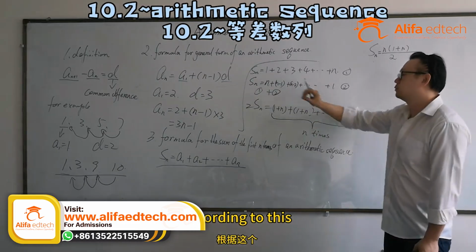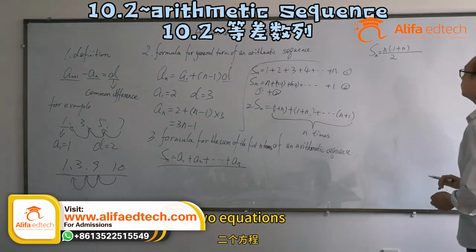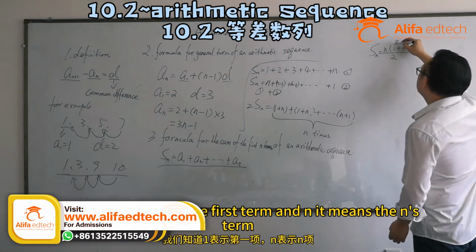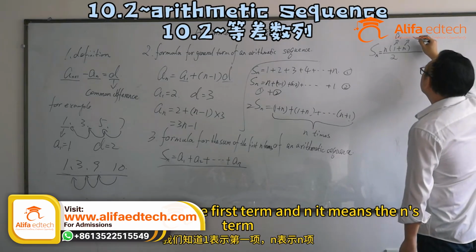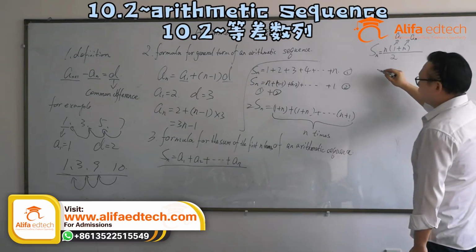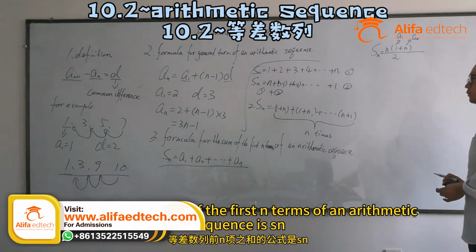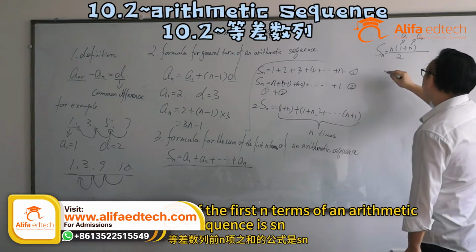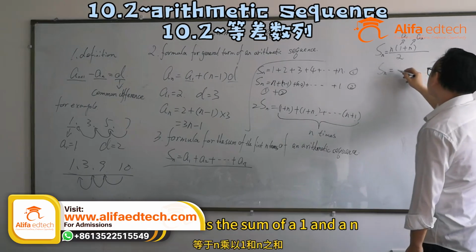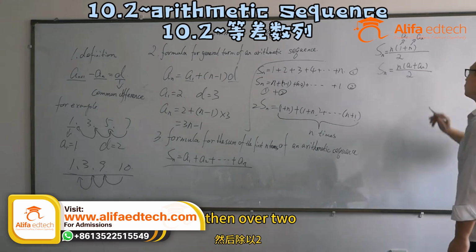According to these two equations, we know 1 means the first term, and n means the nth term. So the formula for the sum of the first n terms of an arithmetic sequence is Sn equals n times the sum of a1 and an, and then over 2.